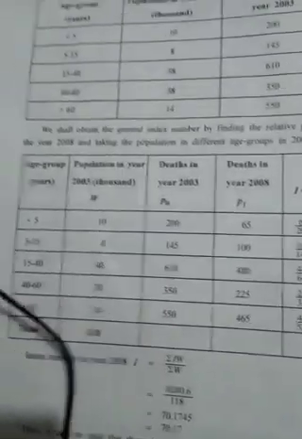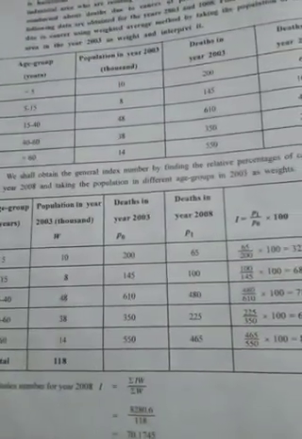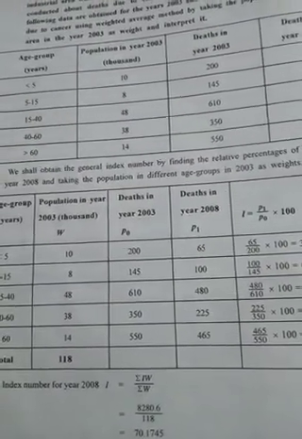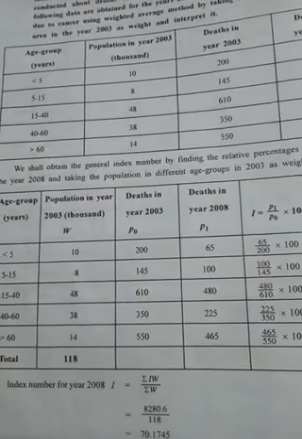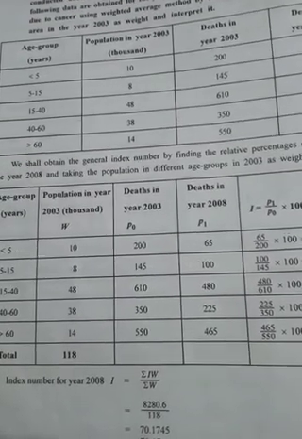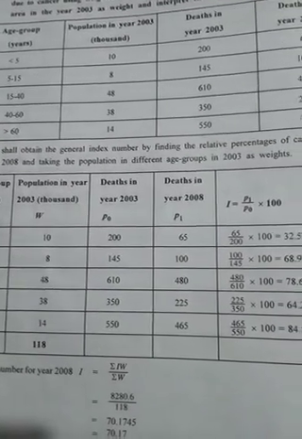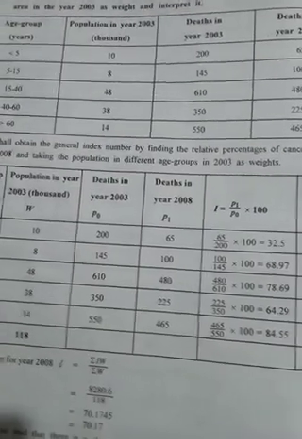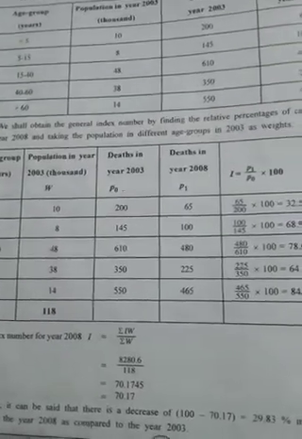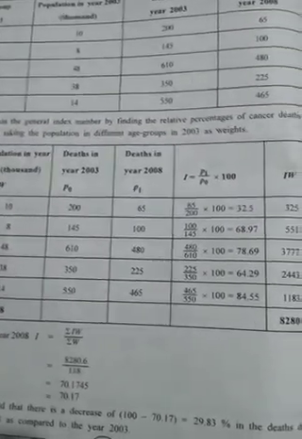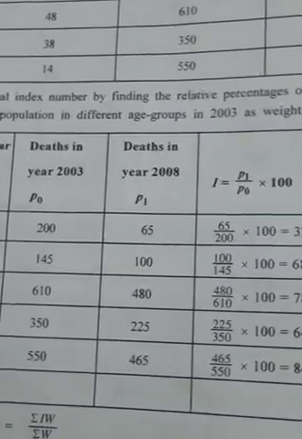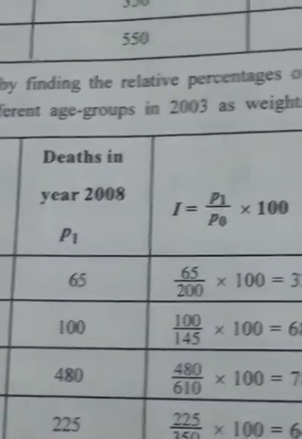So what you are supposed to do here: age group and population of the year is given, that is, weight is given. Death rate or death in the year 2003 is P0 and death in the year 2008 is P1. Since W is already available, we have to find out I. I is equal to P1 upon P0 into 100.